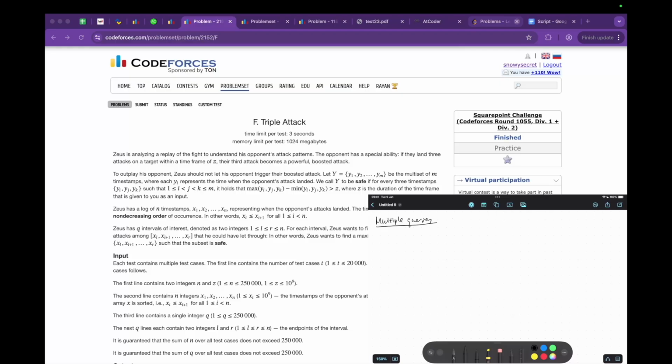Let's say we fix a query LR, and we would define a function bi for some index i, where bi is the minimum j such that j is greater than i and xj is greater than xi plus z.